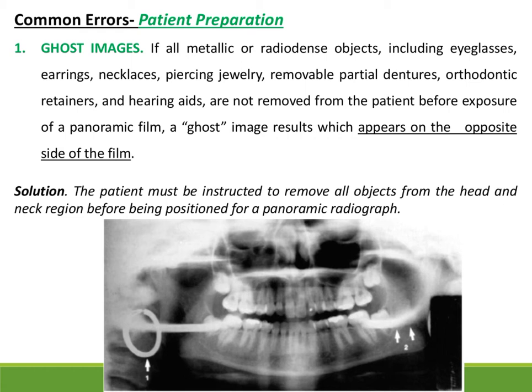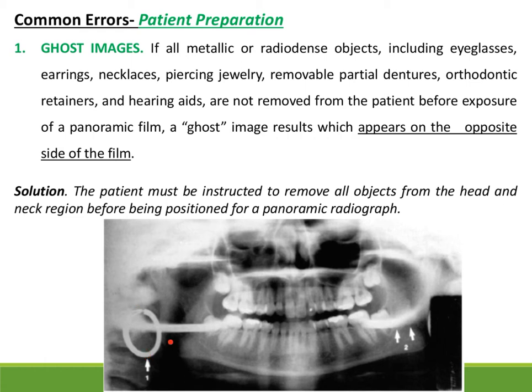Okay, so in this image, you can see the arrows. The left arrow over here is the earring which has been worn by the patient. Sorry, the right side of the patient, okay?